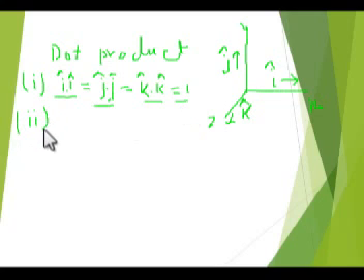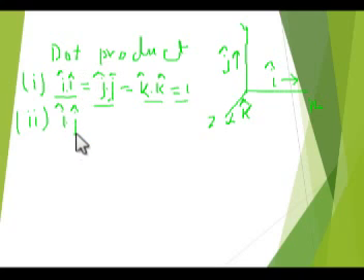And the other, we will take i vector dot j vector. Here the commutative law works. The dot product is commutative, but the vector product is not commutative.